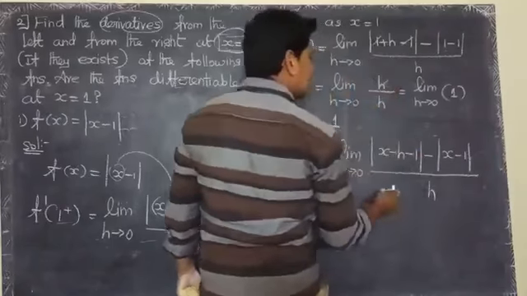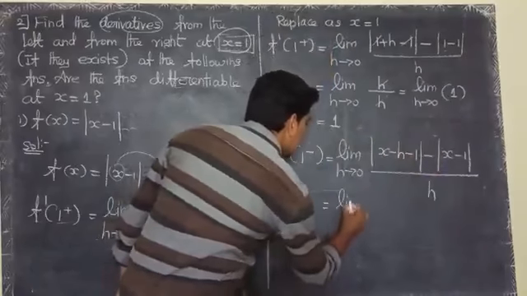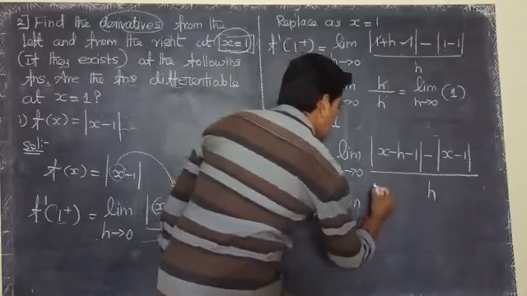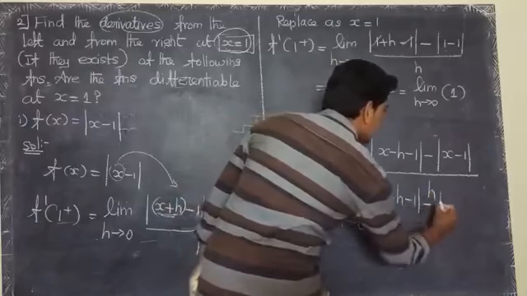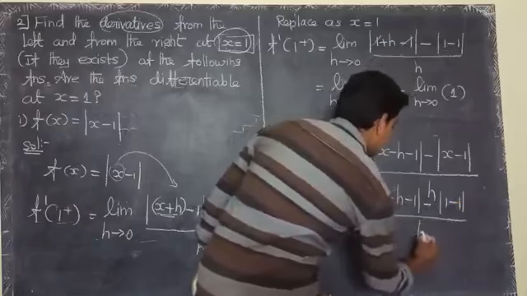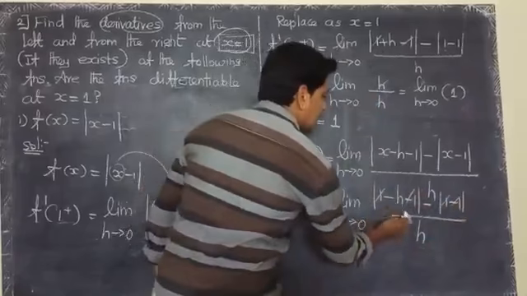Here replace x equal to 1: the limit as h approaches 0 of modulus of 1 minus h minus 1 minus modulus of 1 minus 1, divided by h. Here plus 1 and minus 1 are cancelled, finally minus h divided by h.